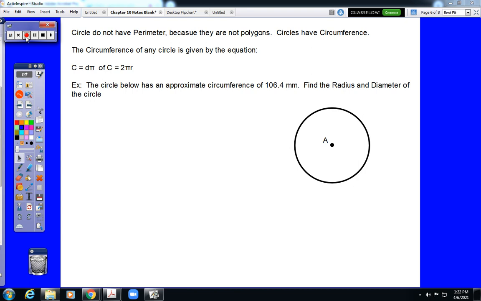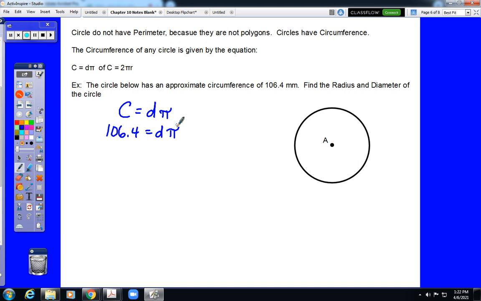So to do that, well, we just pick one. Which one do you want to find, the radius or the diameter? Diameter, lovely. It doesn't matter. You can do it either way. So we set up our equation using the diameter version. Circumference equals diameter times pi. Then we plug in the number that they gave us for circumference, which is 106.4 millimeters, would be equal to this circle's diameter times pi.